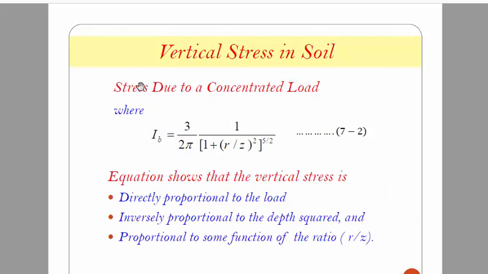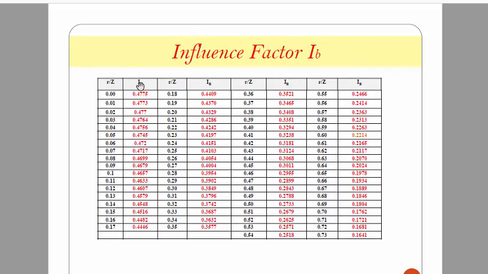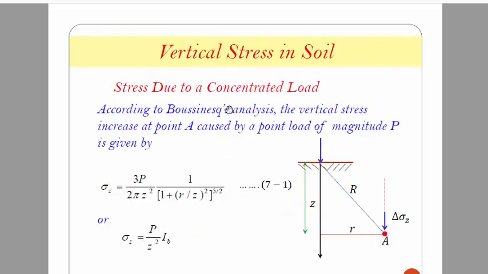IB is called the influence factor. Suppose a load is applied, say 100 kilonewton, at a 5 meter z depth with r distance of 5 meter. We calculate the stress increment by using this formula, the value of stress due to the concentrated load applied.